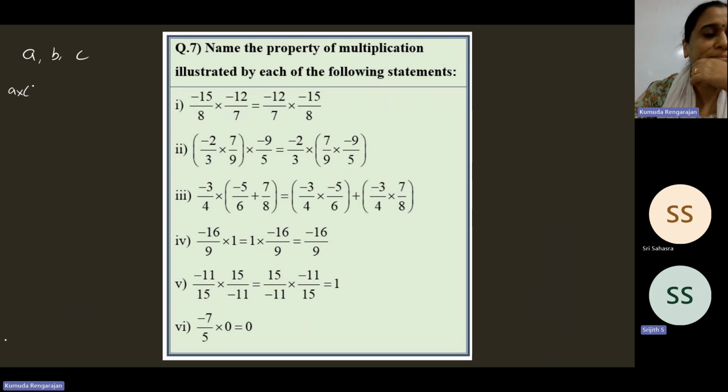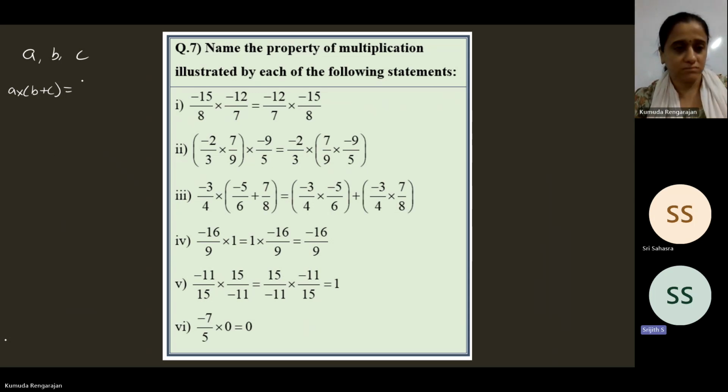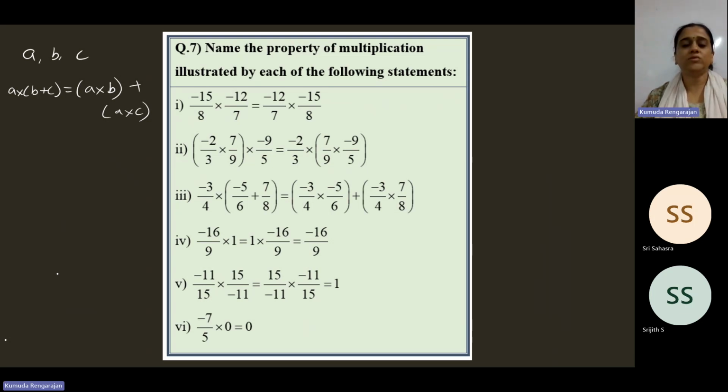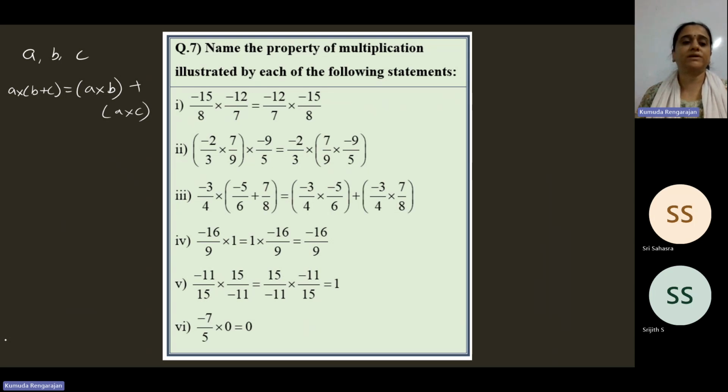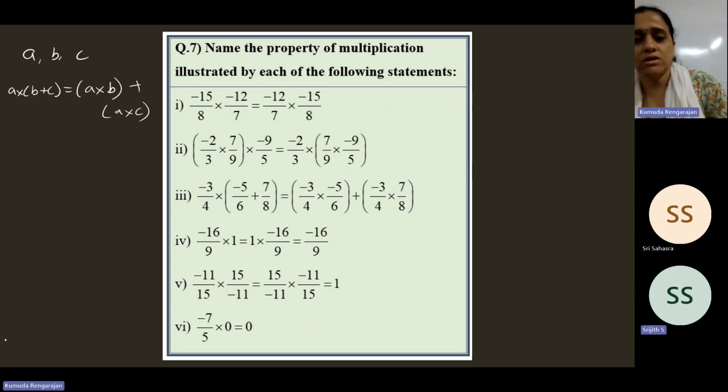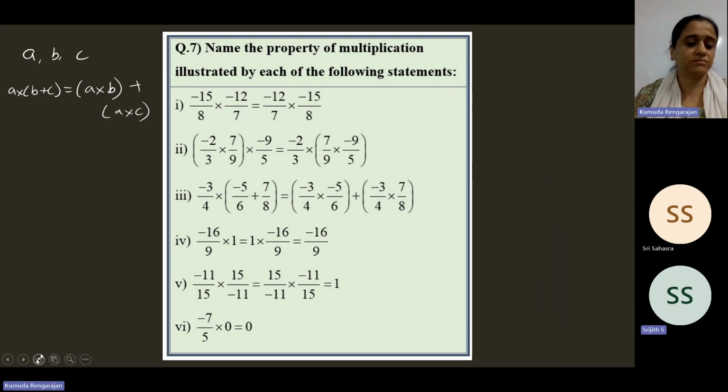A into B plus C is equal to A into B plus A into C. So this is how you demonstrate the distributive property of multiplication over addition using the rational numbers A, B, and C.